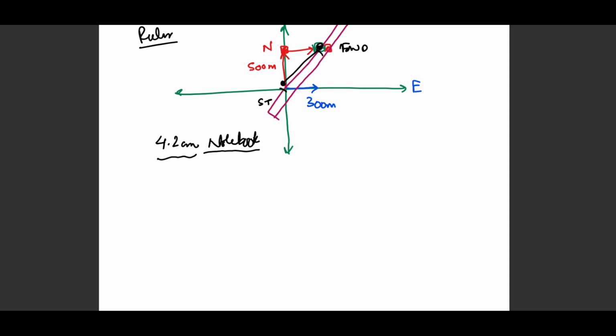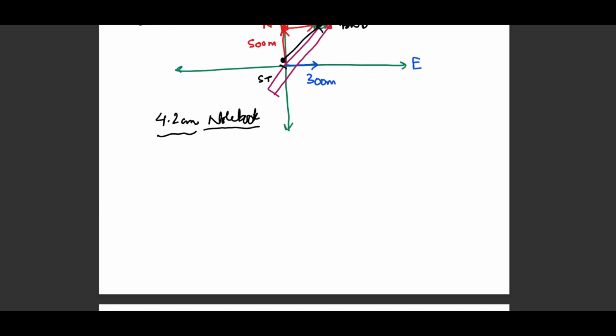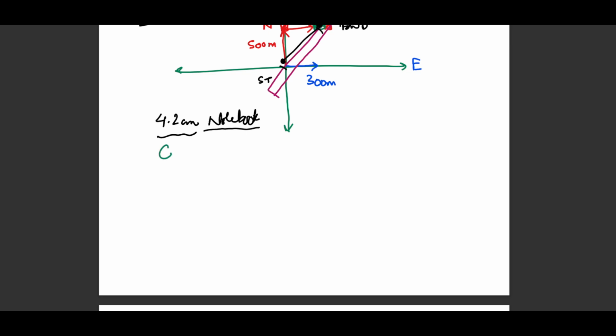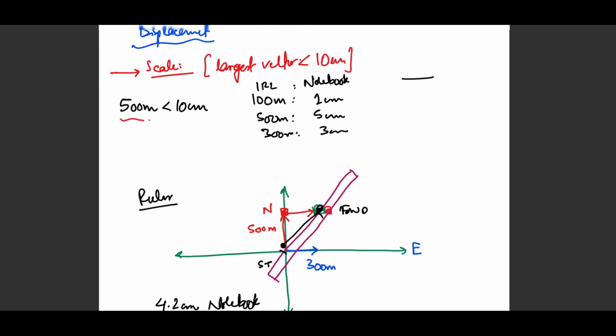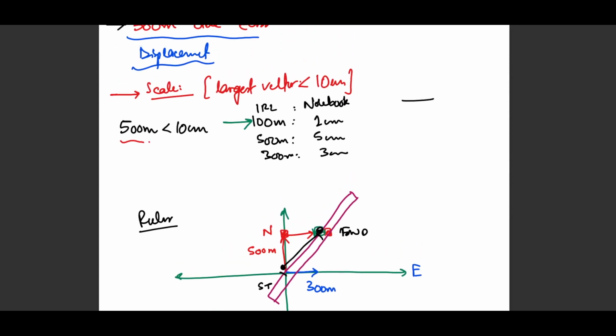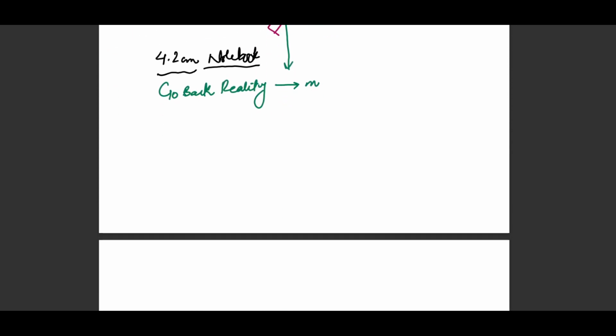But what you're doing is just trying to shrink the question from real life onto your notebook, right? So now we have to go back to reality where the units were in meters, right? So I will go back to the scale that I've selected, 100 meters to 1 centimeter, and convert this into reality, or the real units of the question.